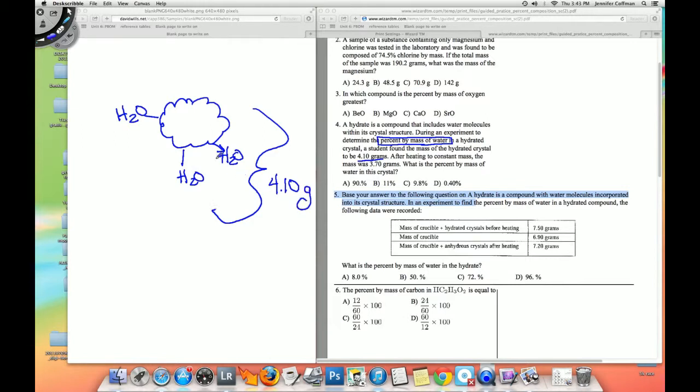Then we're going to heat this up. We're going to take it, and we're going to put some fire under it. Let's draw some fire. Okay, so there's some fire, and when we heat that up, what happens to the water molecules? Well, the water molecules decide it's too hot, and they go away.